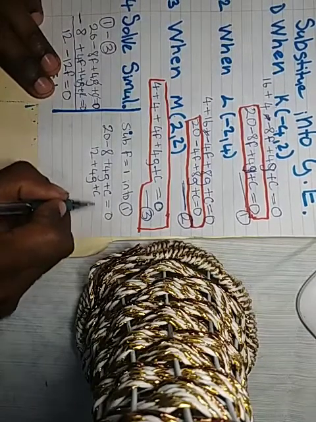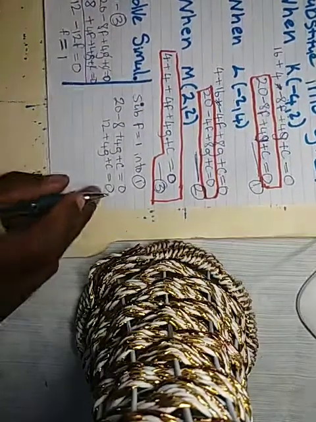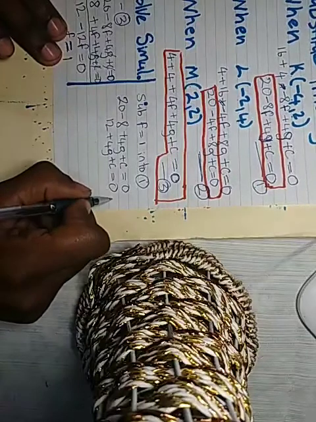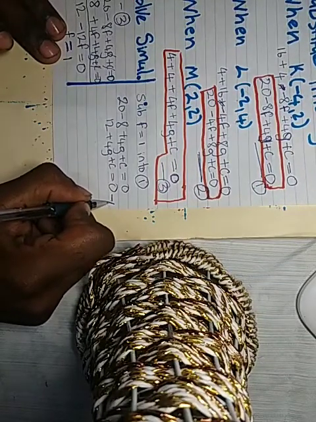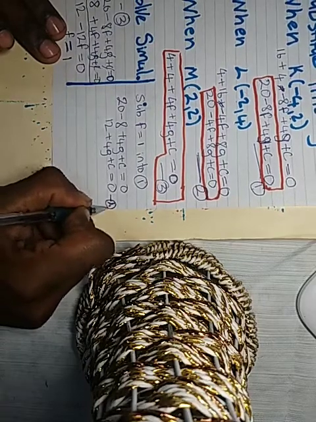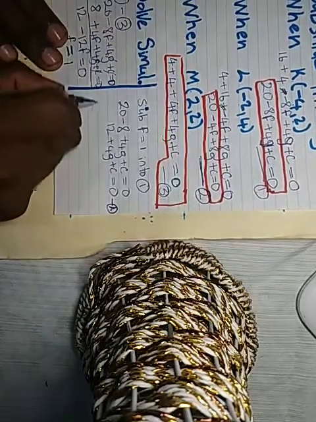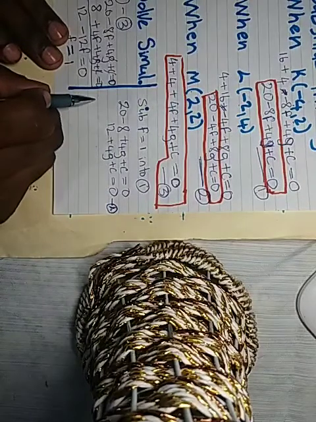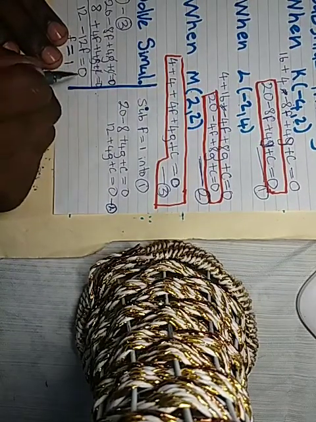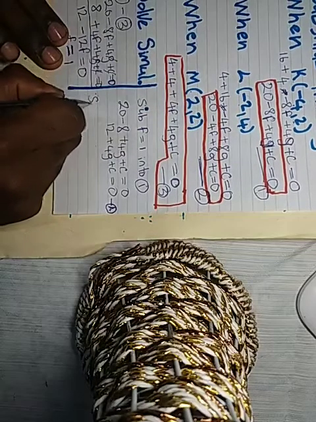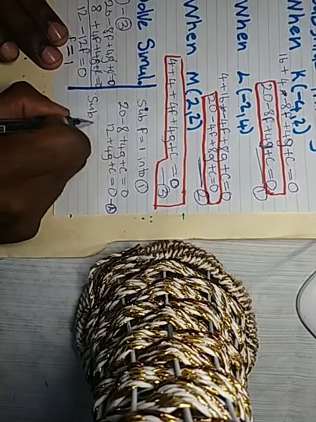Simplify, this becomes 12 plus 4g plus c is equal to 0. I am going to call this equation A.